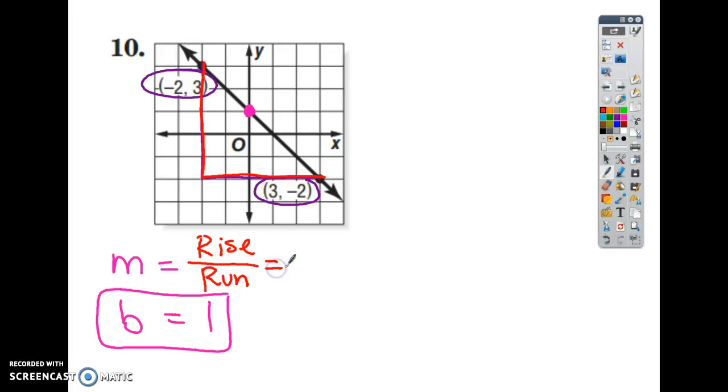How much is my rise? It's not 5. It's negative 5 because it's going down. Okay? If you're having to go down instead of going up, then that's a negative rise. So it's a negative 5 over how many?